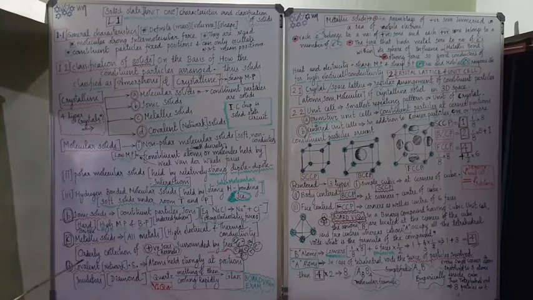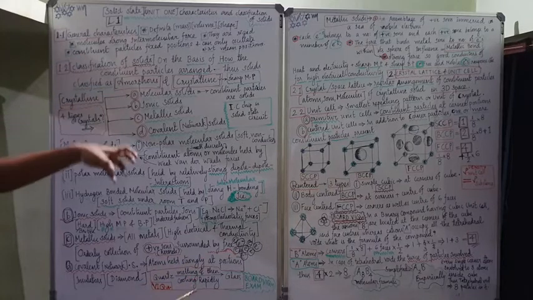In a metallic solid, there is an orderly collection of positive ions. The positive ions are arranged very orderly. The positive ions here are otherwise called kernels, and these orderly arranged positive ions are surrounded by free electrons.